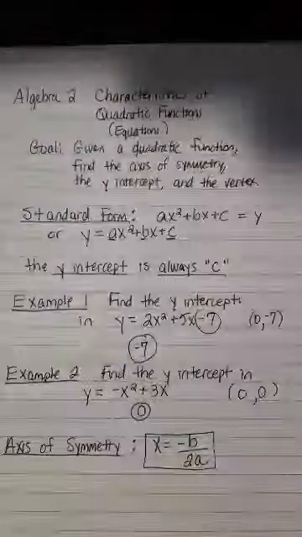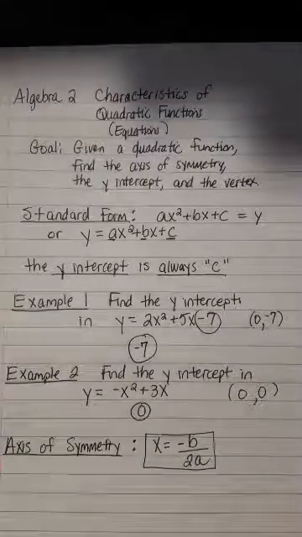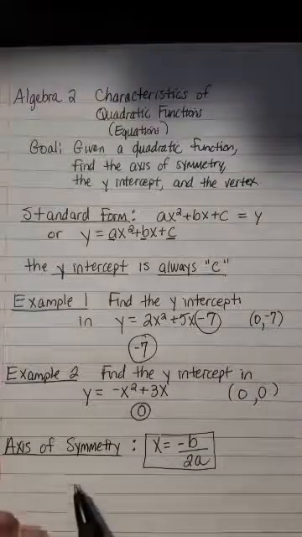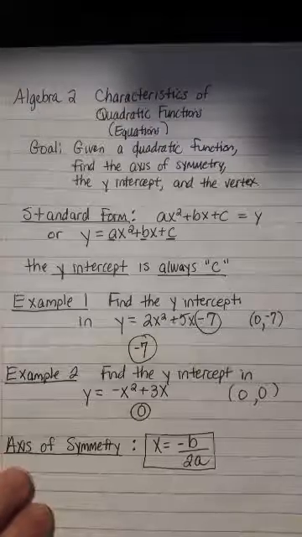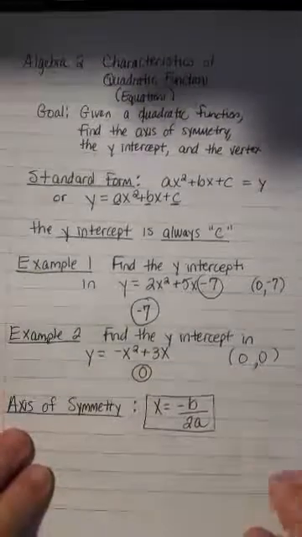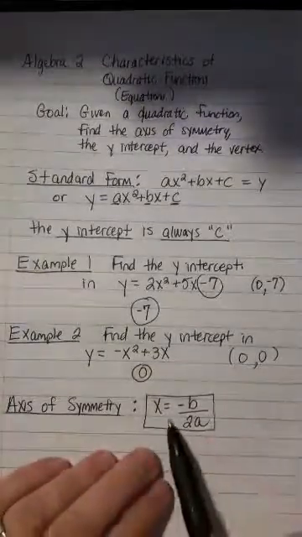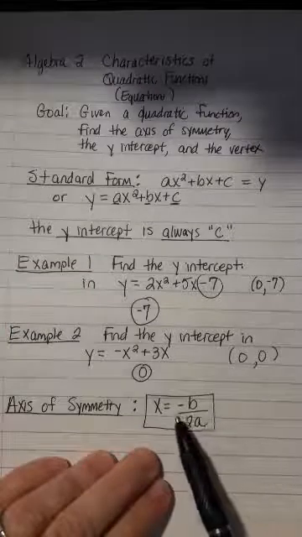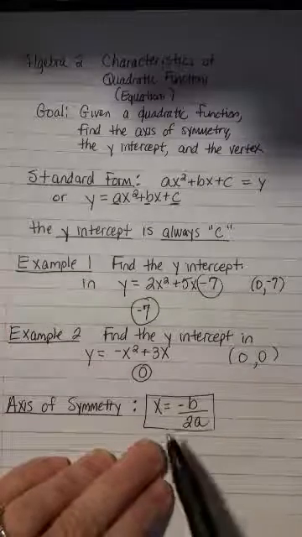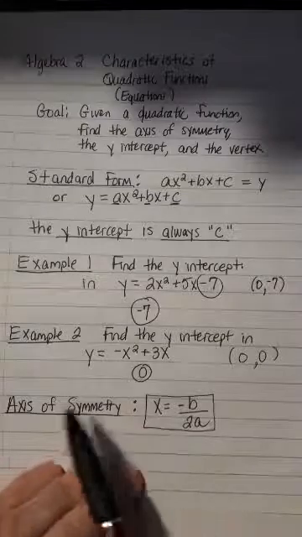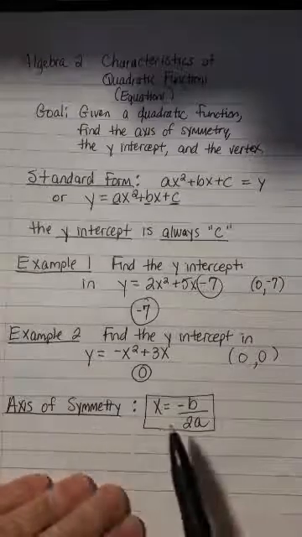And to find that axis of symmetry, you have to use a formula. Here's the formula: x equals -b over 2a. So jot that down. That's important. Axis of symmetry. This is how you find it.